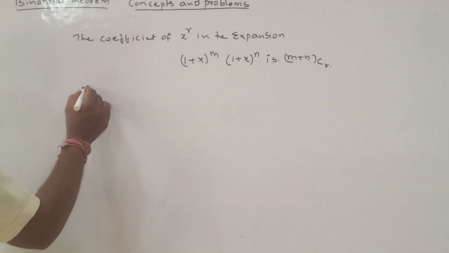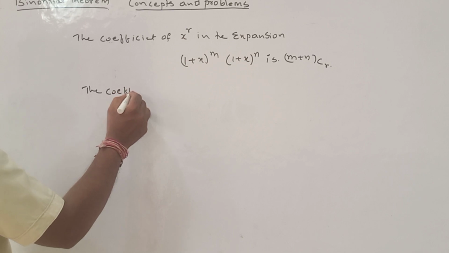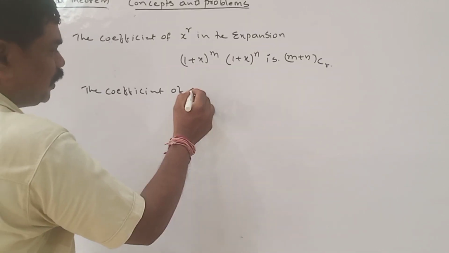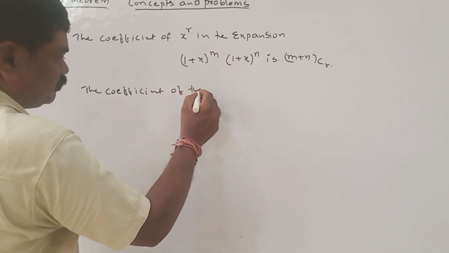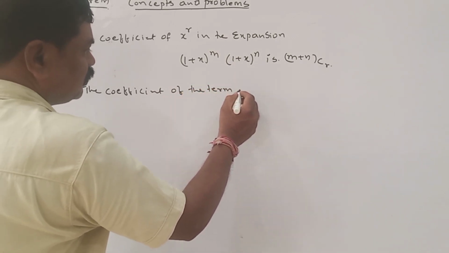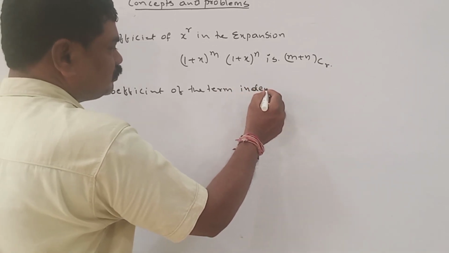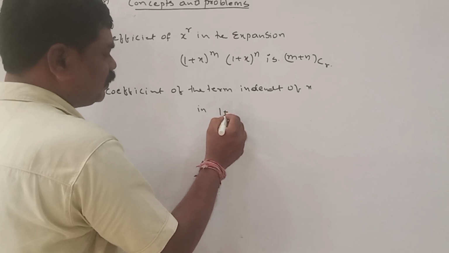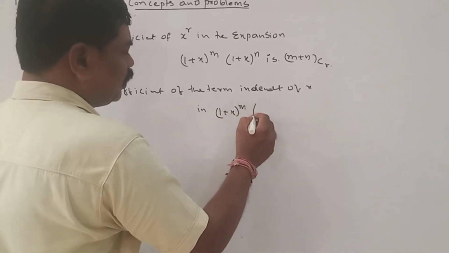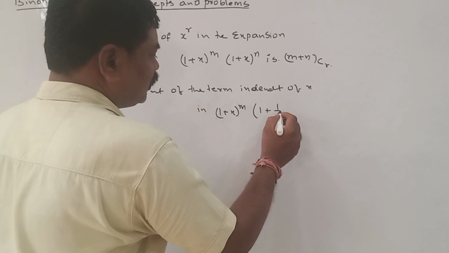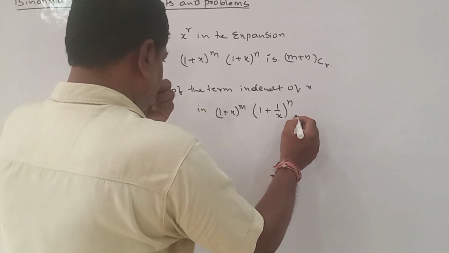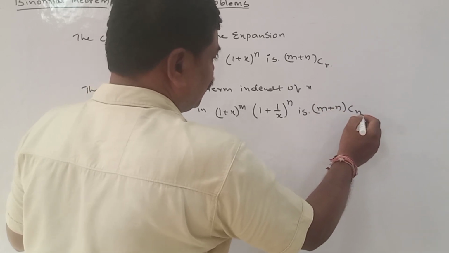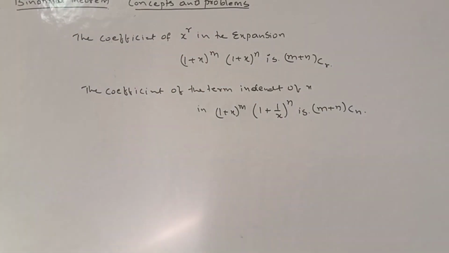The coefficient of the term independent of x in (1 plus x) whole power m (1 plus 1 by x) whole power n is m plus n C n.